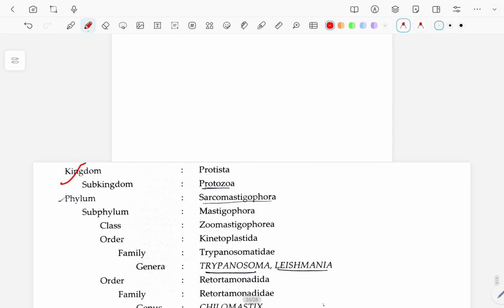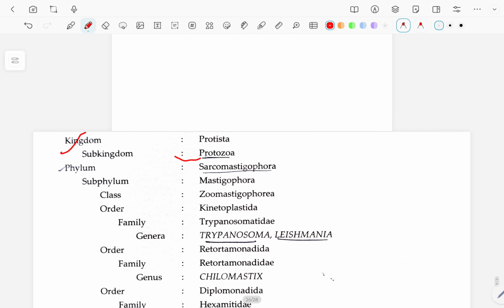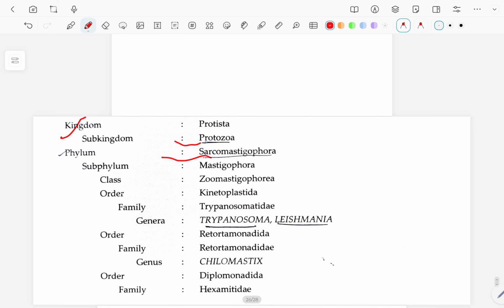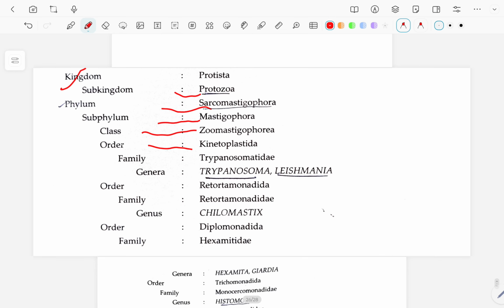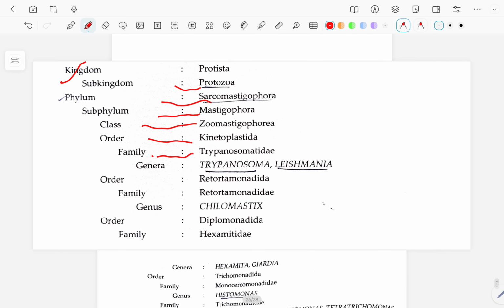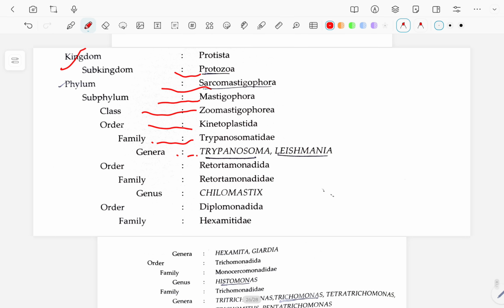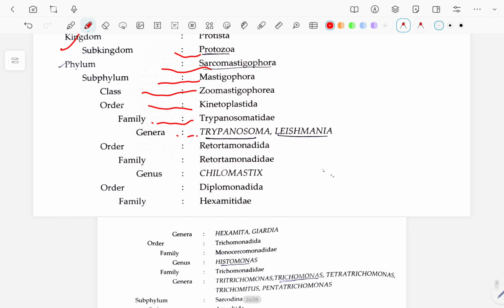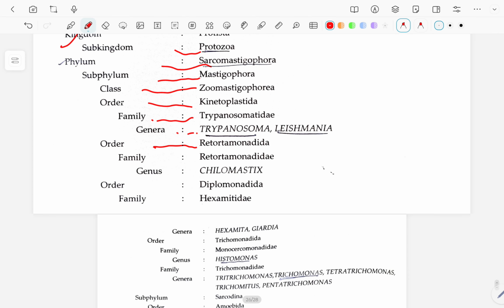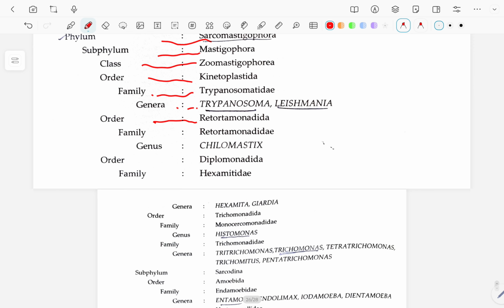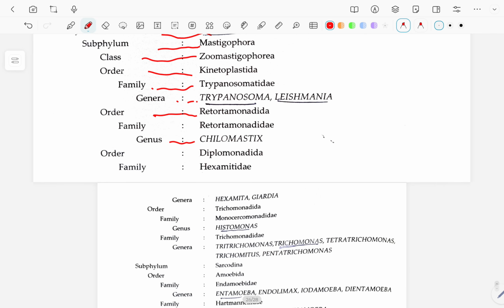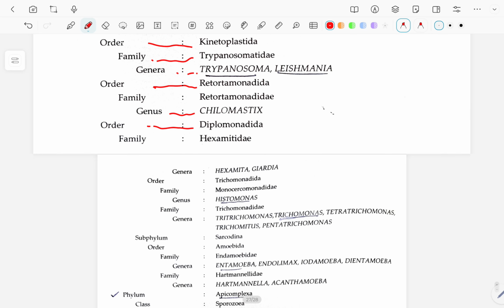Kingdom Protista, subkingdom Protozoa, phylum Sarcomastigophora, subphylum Mastigophora, class Zoomastigophorea, order Kinetoplastida, family Trypanosomatidae, genera Trypanosoma, Leishmania; order Retortamonadida, family Retortamonadidae, genus Chilomastix; order Diplomonadida, family Hexamitidae.